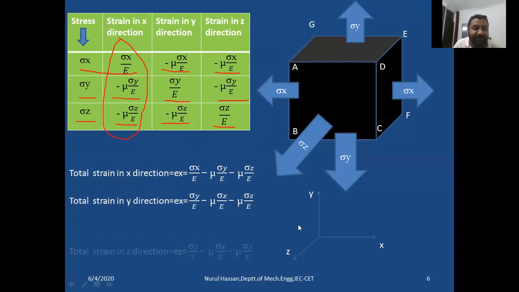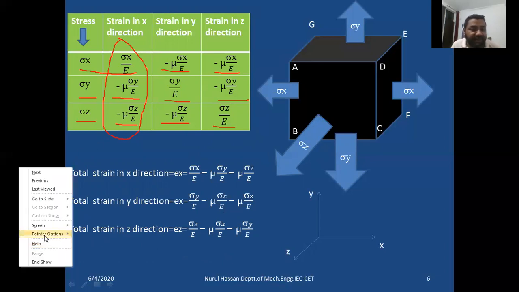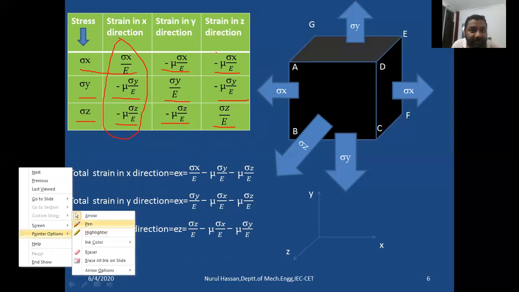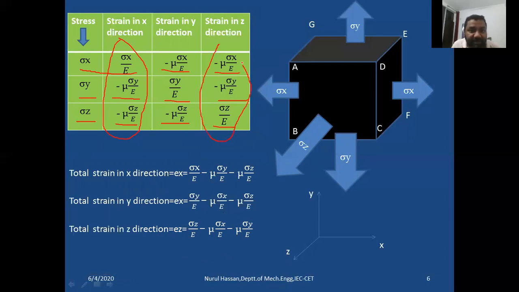And the last case, sigma z for Ez, that is total strain in z direction. So for total strain in z direction, I have to add these three terms. In z direction, sigma z by E is the linear strain.